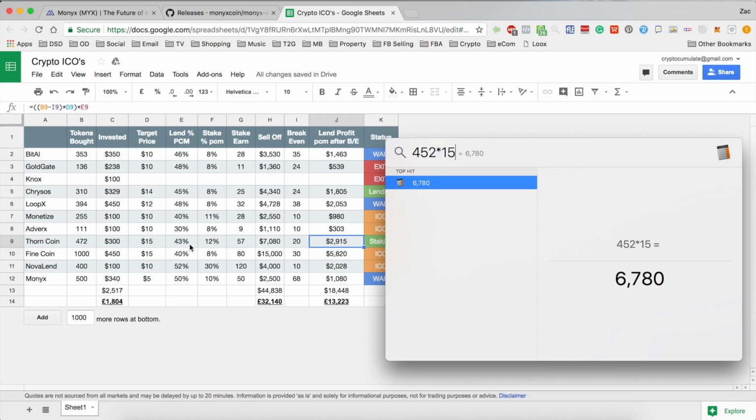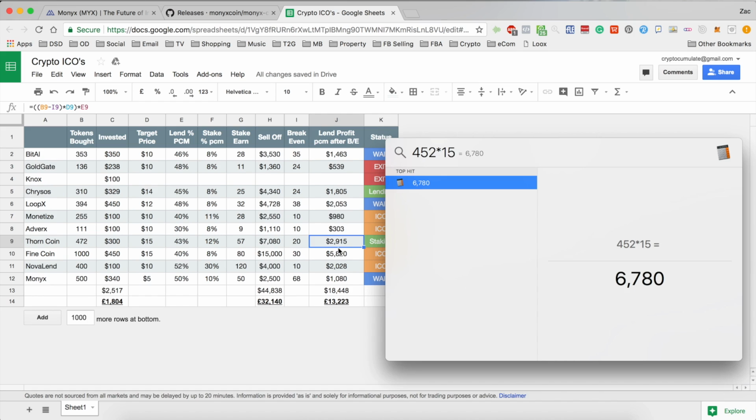And based on the 43% lending rate, that will basically be giving me, or paying out, $2,915 worth each month. And obviously, depending on the platform, that might be in tokens, which you would then have to exchange on or sell on the internal exchange for Bitcoin, and then withdraw that Bitcoin and either store it in a safe wallet or exchange it somewhere like Coinbase for dollars.